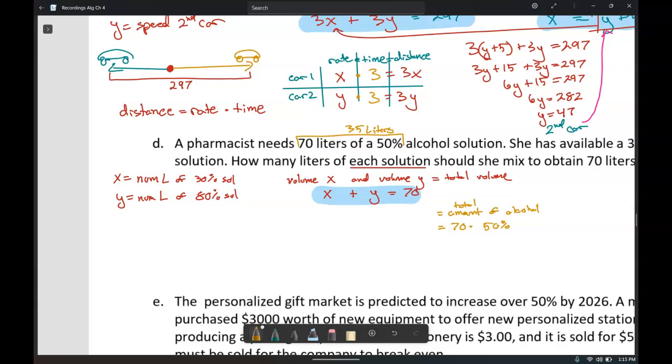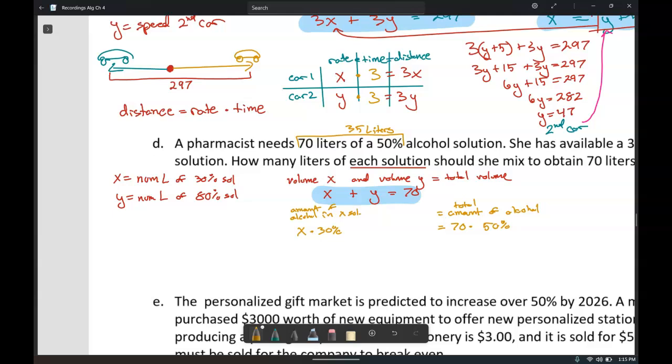So the value for our first term is that we're going to take the volume of the X solution, and we're also going to multiply it by 30% to figure out the amount of alcohol in the X solution.